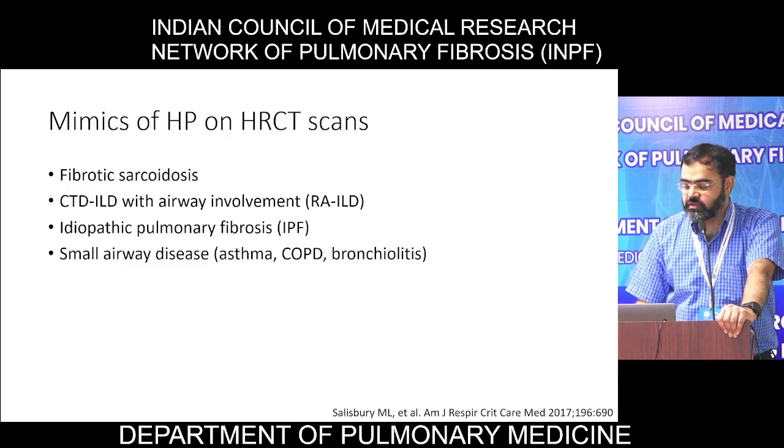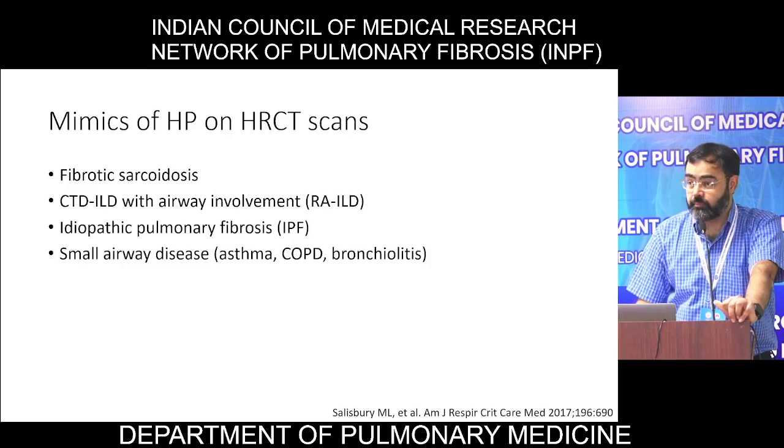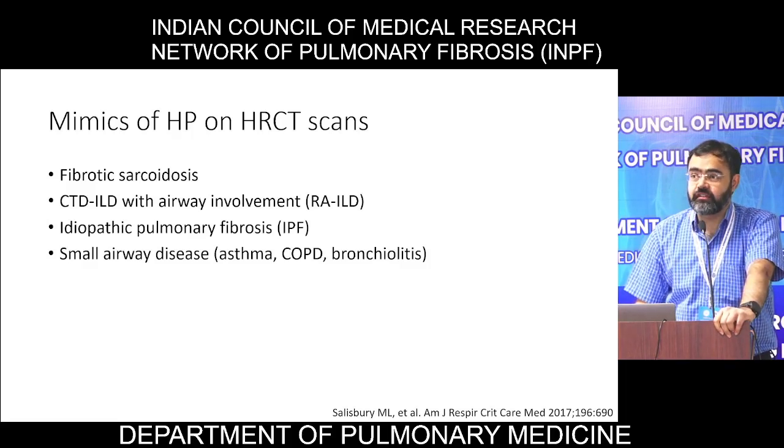So what are the mimics of HP on HRCT scans? Fibrotic sarcoid, as we discussed, is also an upper lobe predominant disease, just like HP, and even fibrotic sarcoid involves airways, so air trapping may be there with fibrotic sarcoid also. CTD ILD with airway involvement, for example rheumatoid arthritis related ILD, can have typical signs of fibrosis, which may be in a UIP-like pattern or an NSIP-like pattern.